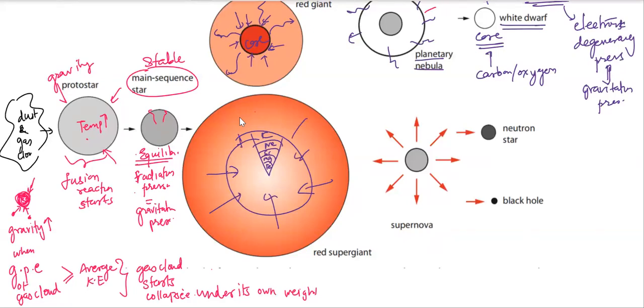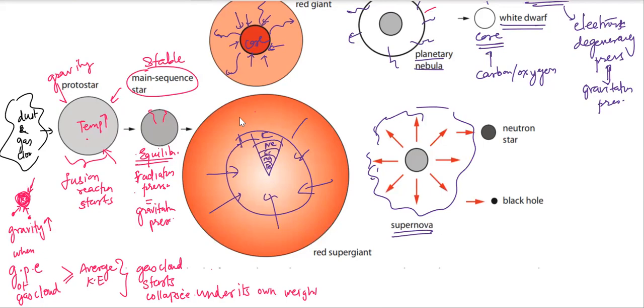So when iron is formed, no more fusion is possible because iron has the highest binding energy per nucleon. So the gravity just rebounds immediately. It tried to fuse, but once the iron is formed, it rebounds into something that we call a spectacular explosion, that is a supernova.